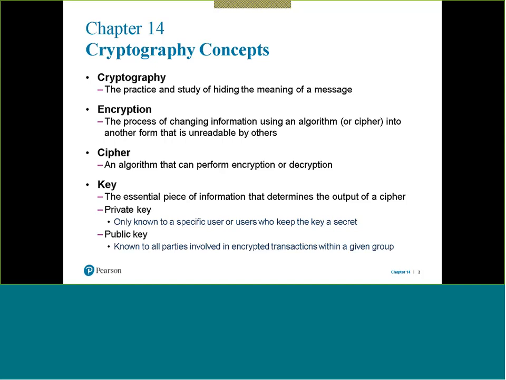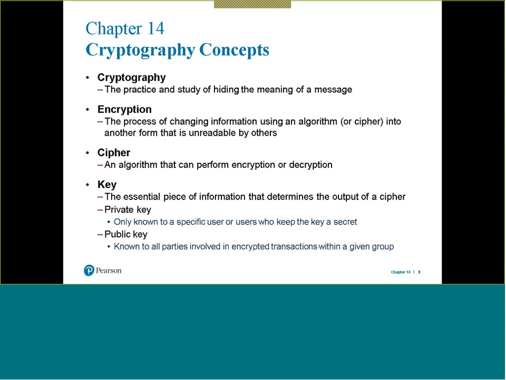That is where all you do is just change the characters by 1 or 2 letters. For example, if your key is 2, an A becomes a C, a C becomes an E. All right, very simple, but that's all this really is. We're just doing it in more complex forms. And the key is the essential piece of information that determines the output of a cipher.